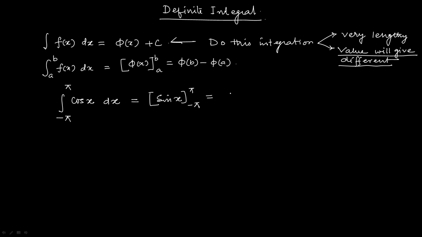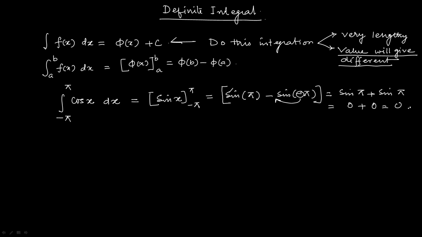Now sin x, first of all I am getting sin pi minus sin of minus pi. Now sin pi is 0, and the minus coming out makes this one plus. So this is nothing but 0 and 0, overall it is 0.